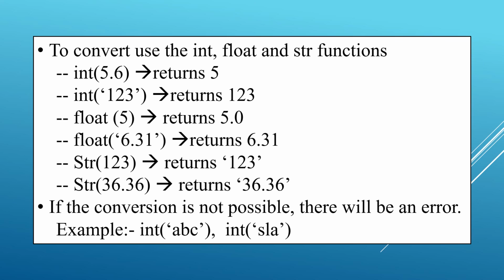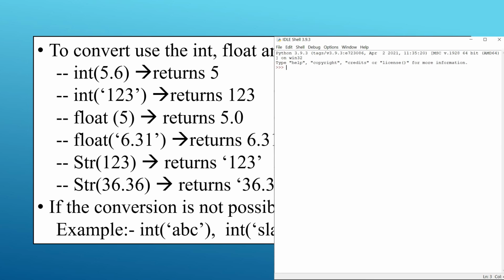To convert the data, we use the int, float and str functions. First we'll see how to convert the data from float to int. For this purpose we use the int function. In the Python IDE, I will take variable a is equal to float type of data 5.6.